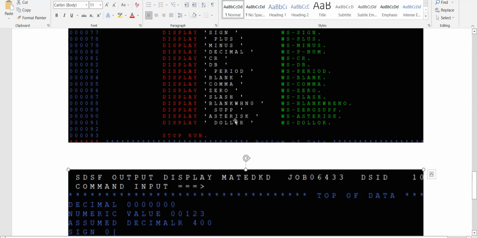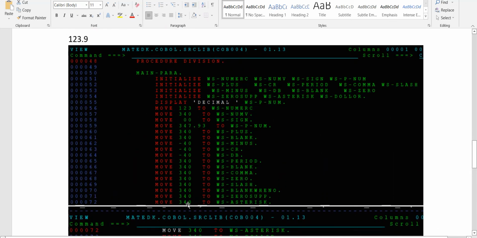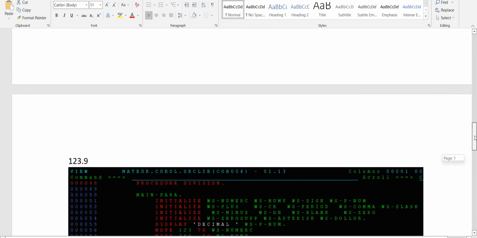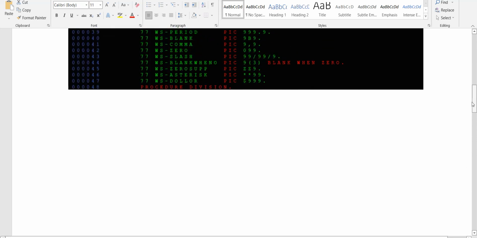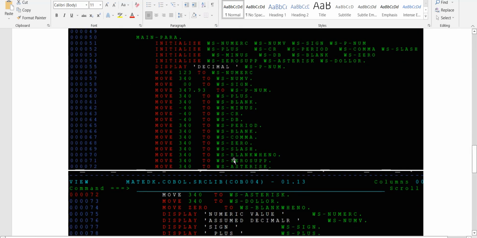And then we have asterisk. Okay, that asterisk value, what I have stored is 340. And the declaration, if you look at the declaration, I gave double asterisk, star star 99, and the value here, asterisk, what is the value? 340 I have moved.